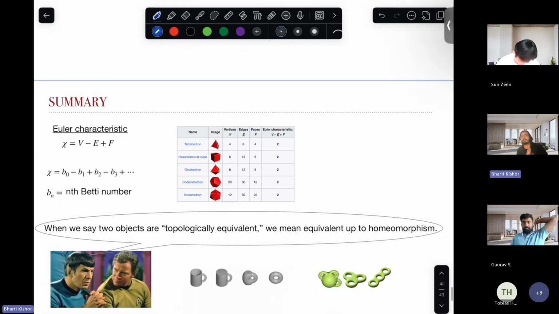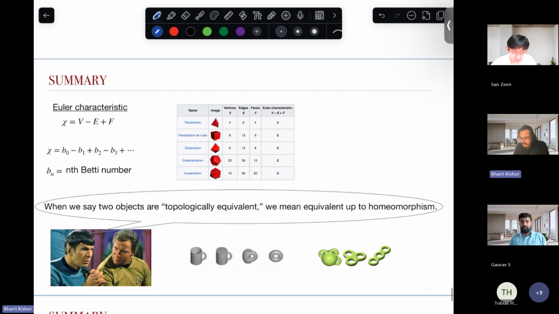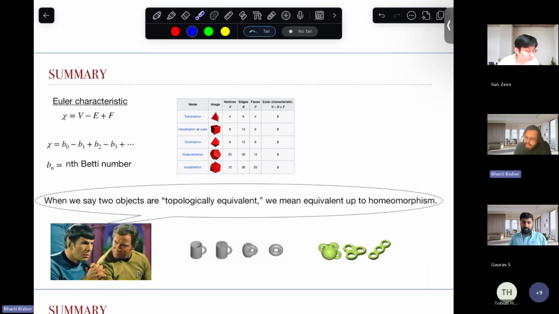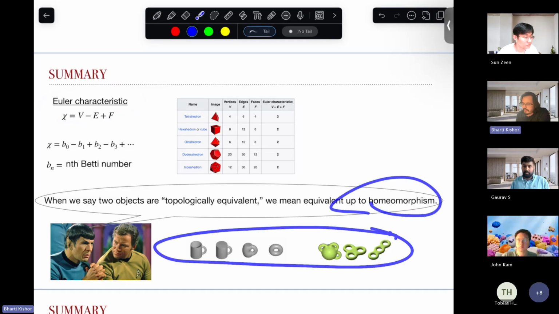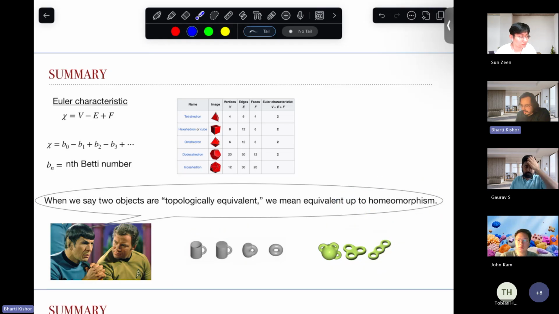So thanks for bearing with me another 10 minutes or so. In summary, today we started by talking about the Euler characteristic. We talked about the notion of homeomorphism. We said what it means to say that a coffee mug and a donut are topologically equivalent and so on.